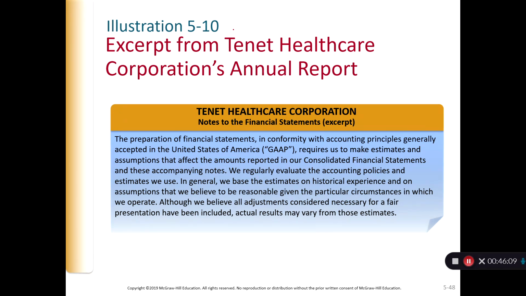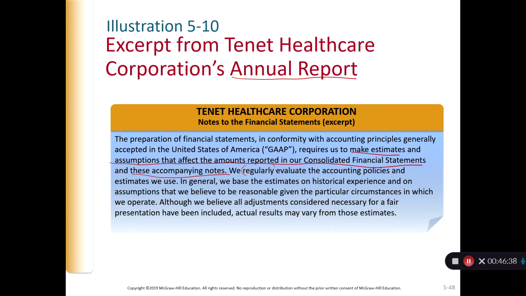Okay, so let's look at how people talk about bad debt expenses in their annual report. Let's say the healthcare corporation says that the preparation of financial statements in conformity with accounting principles generally accepted in the United States requires us to make estimates and assumptions that affect amounts reported on the consolidated financial statements and these accompanying notes.